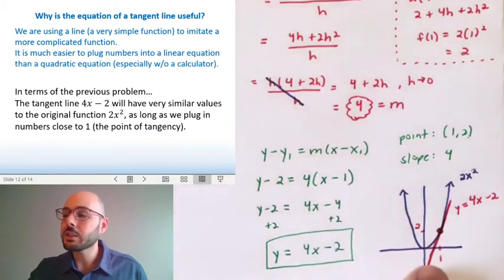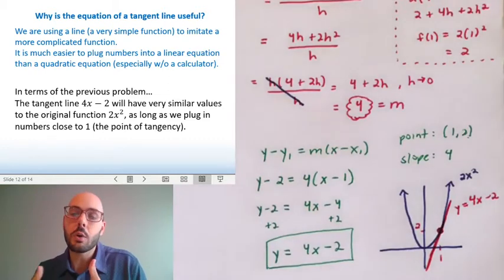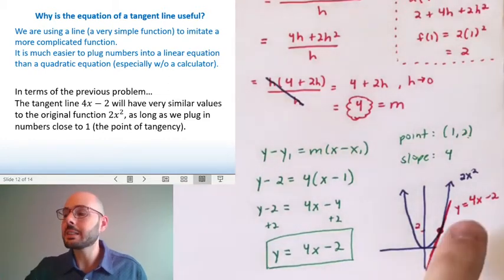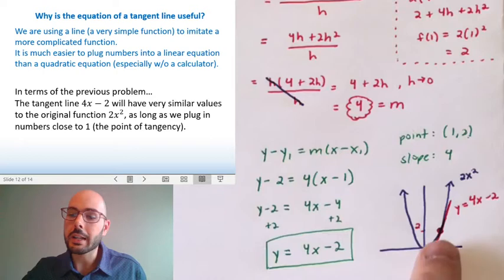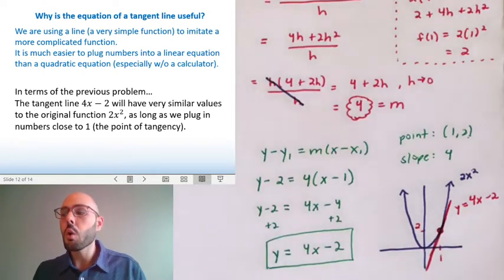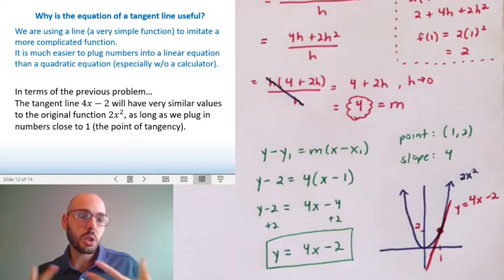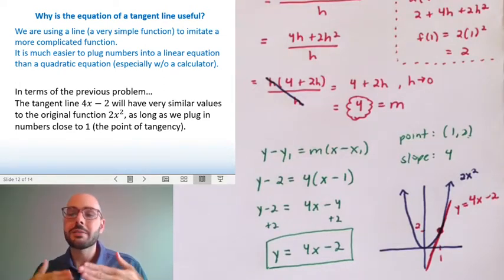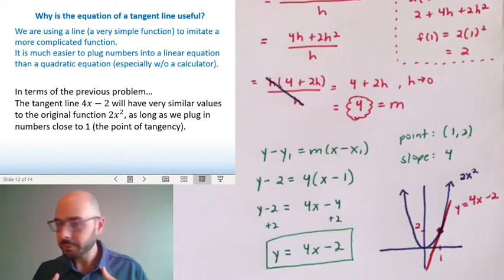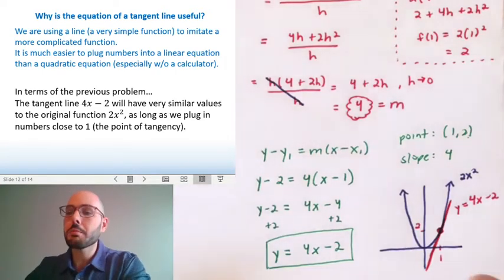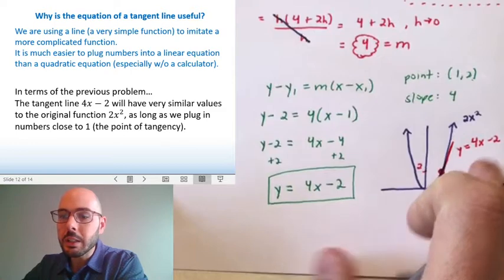So what the line is doing is it's almost trying to imitate or copy that graph, at least when it's close to where x is 1. So what's going to happen is you could actually use this line, y equals 4x minus 2, to imitate 2x squared. They should have similar y values as long as you stay close to that point of tangency, which is 1. So if that was a bunch of mumbo jumbo, let me explain it a little bit more.